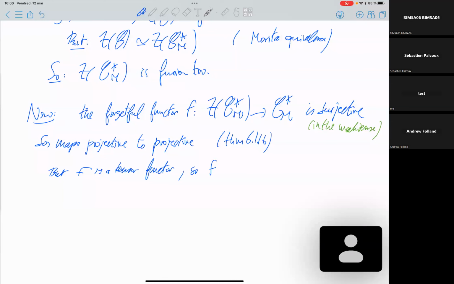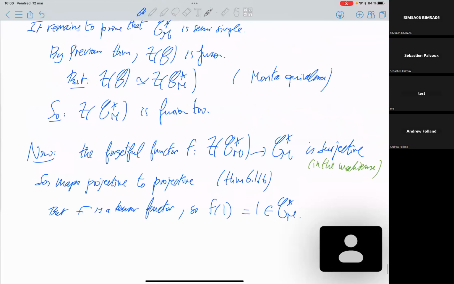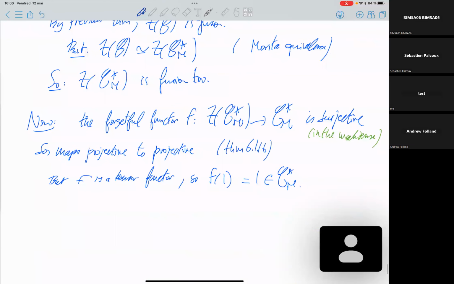So F of 1 is equal to the 1 of the dual, and we know by the previous claim that this is projective.